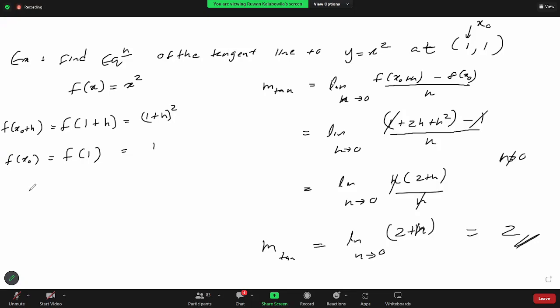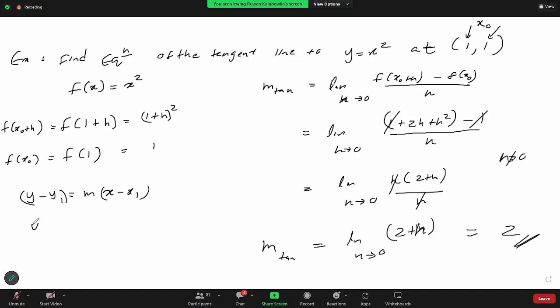How do you find an equation of a line if you know the slope? You have to use this one: y minus y1 is equal to m times x minus x1. So y1 and x1 are known values. See here, you have the y value and x value.